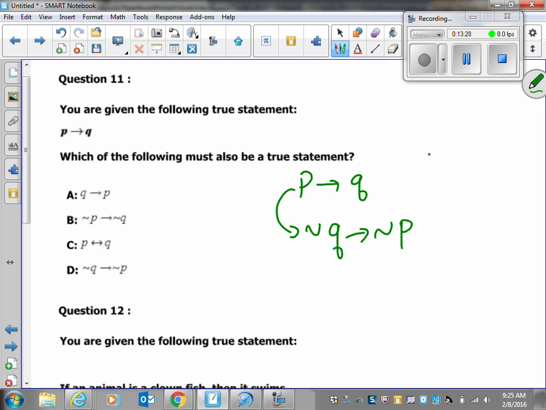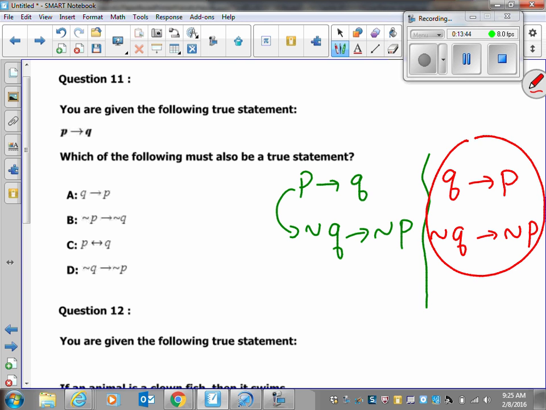The conditional and contrapositive are logically equivalent. And if I have the converse, then the inverse would be logically equivalent. So they are the same. They will have the same truth value. The conditional and the contrapositive will have the same truth value. So pick the one that matches.